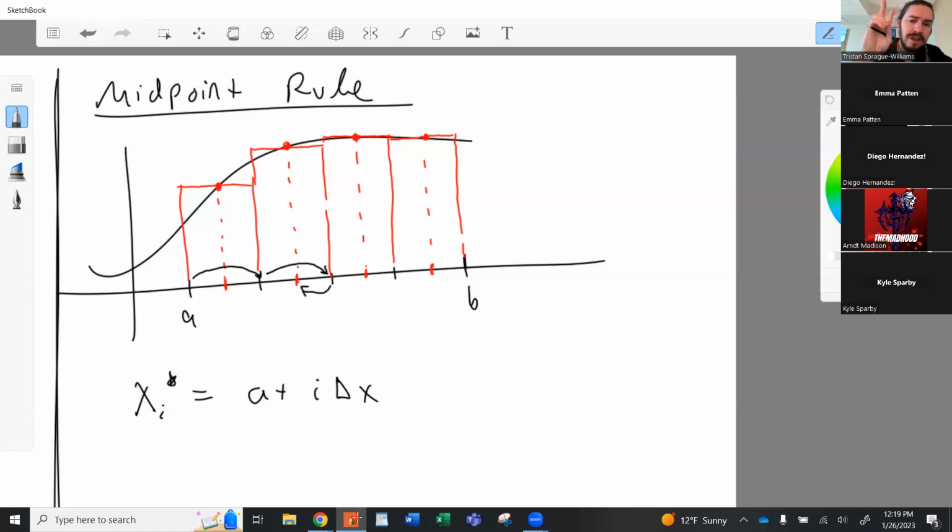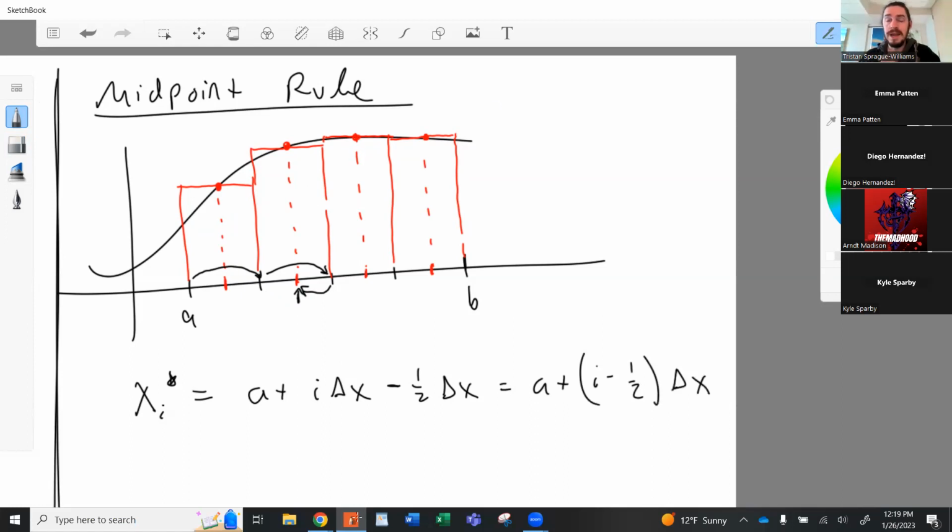So to get to the second sample point here, you would want to add delta x twice, but then subtract 1/2 of delta x to go backwards to the midpoint. So what we can do to adjust our formula is add delta x i times and then subtract 1/2 of delta x, which we can combine together into a plus (i minus 1/2) delta x, like that.